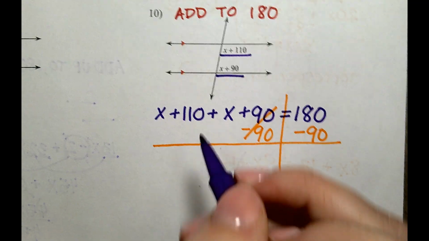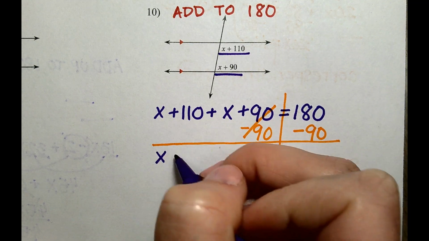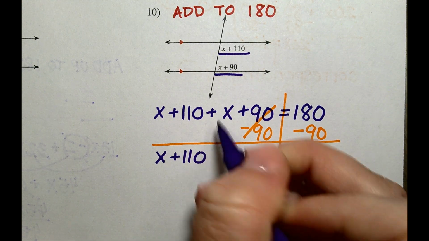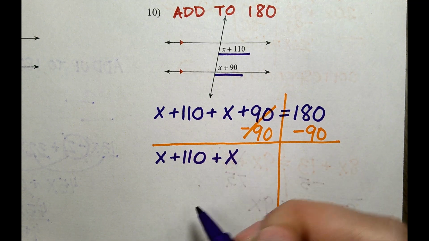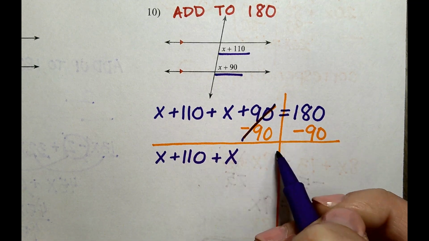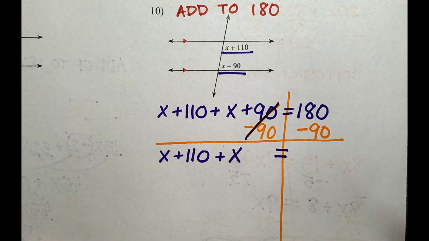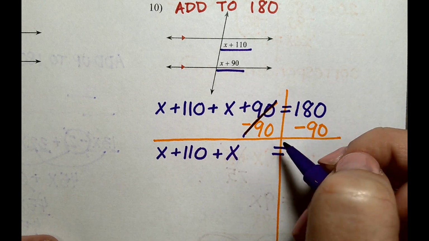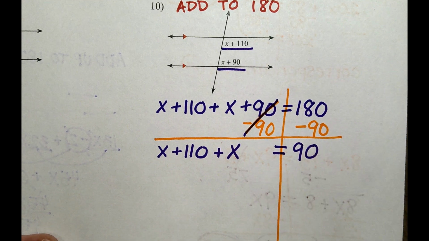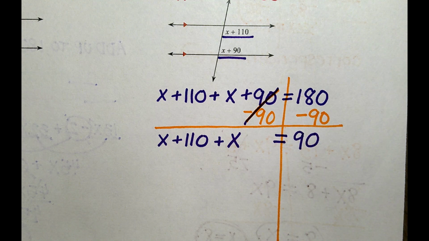Bring everything down. X plus 110 plus x. 90s are canceled. Equals 180 minus 90 is 90. Okay. What could we do next?